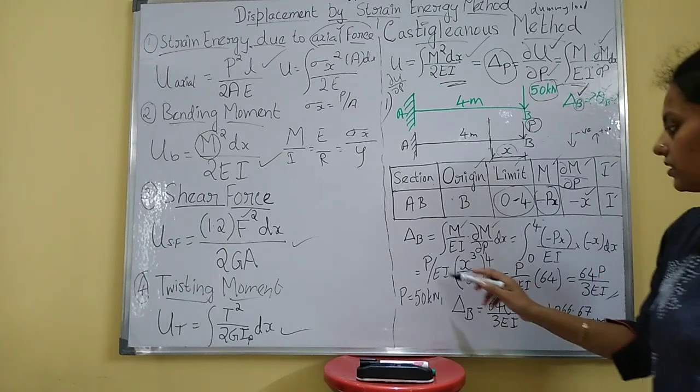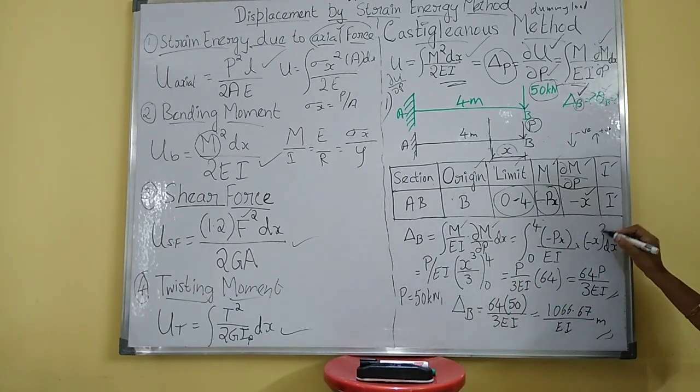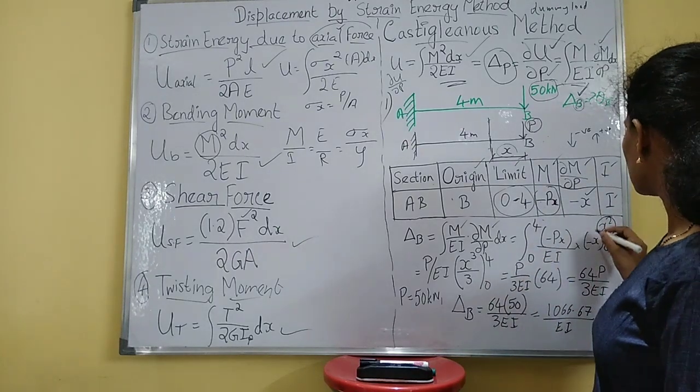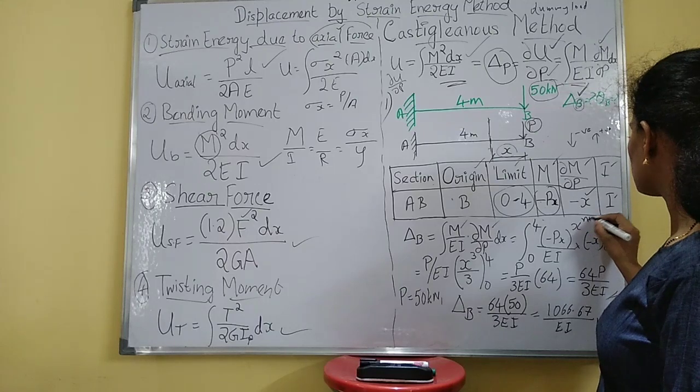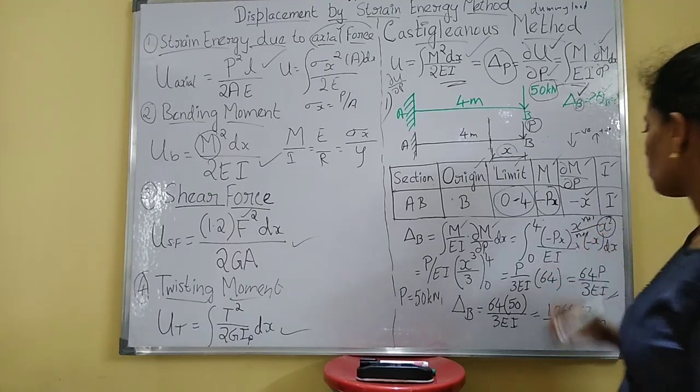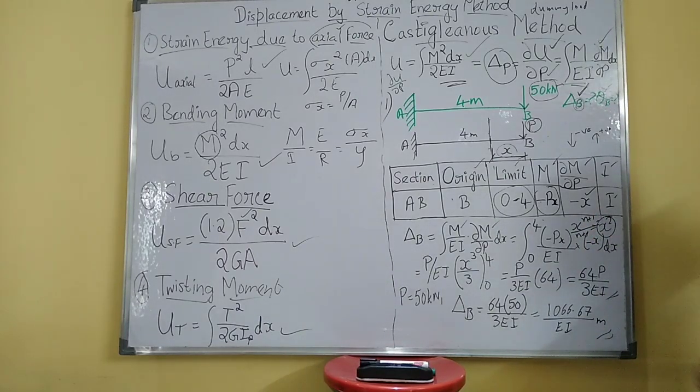Just integrate it. Integration of x square is x cube by 3, that is x power n plus 1 by n plus 1.